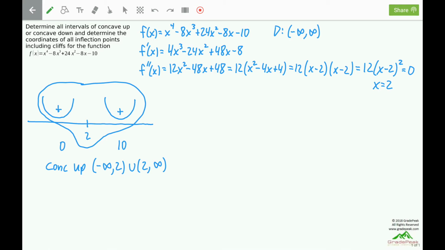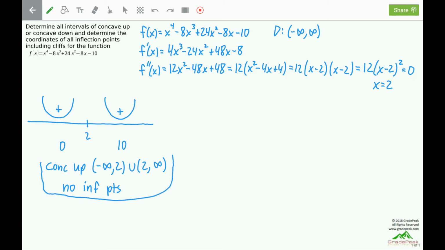And therefore, x equals 2 is not an inflection point, and x equals 2 is the only candidate number to be an inflection point. Therefore, there are no inflection points. So we have two intervals of concave up, and we have no inflection points.